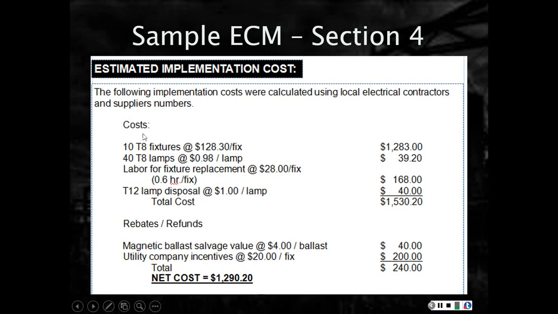in this case, the cost, I have 10 T8 fixtures at $128.30 per fixture for a total of $1,283. I have 40 T8 lamps at 98 cents per lamp. The labor for fixture replacement at $28 per fixture at 0.6 hours per fixture is $168.